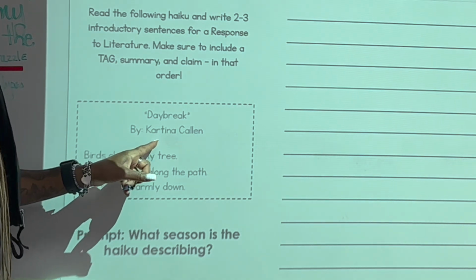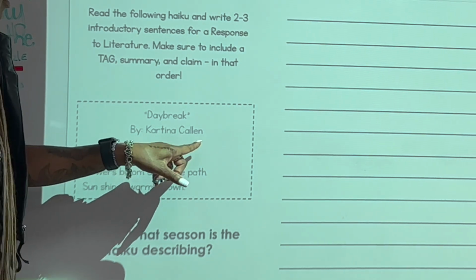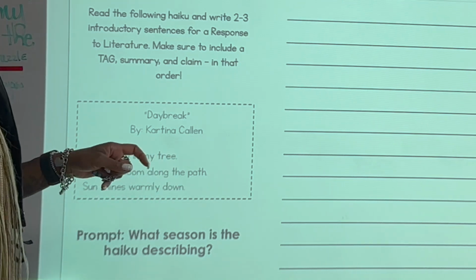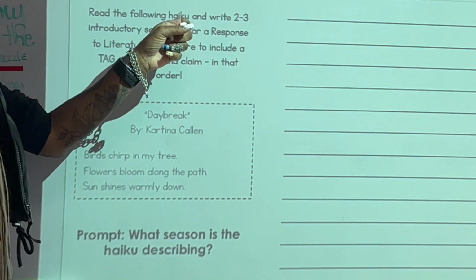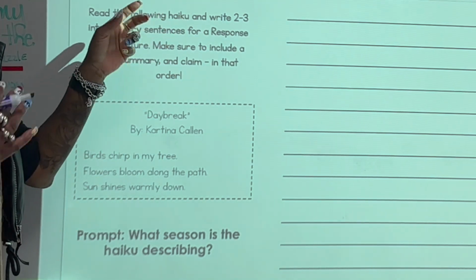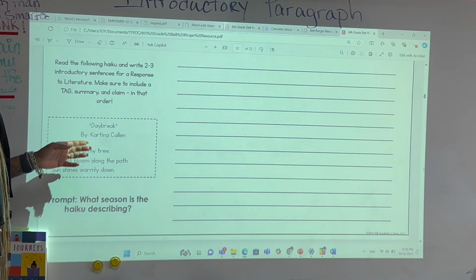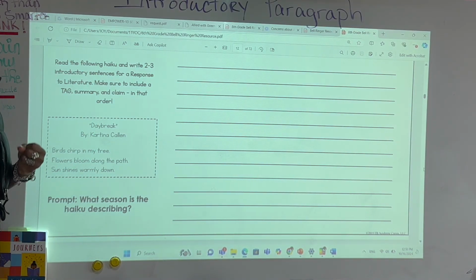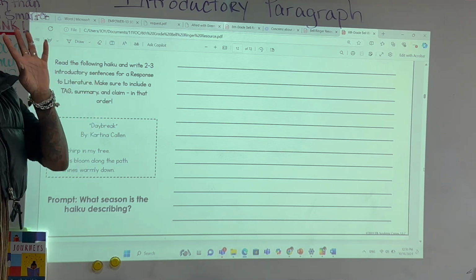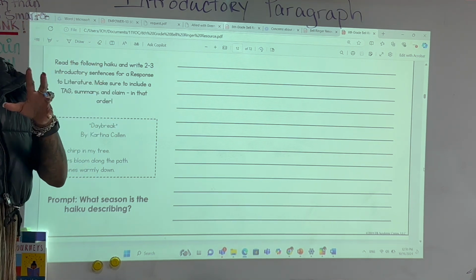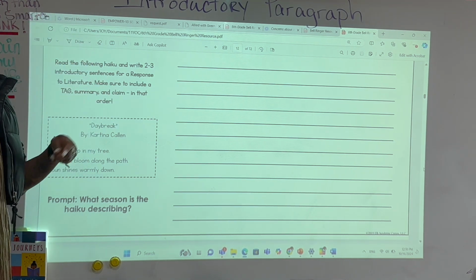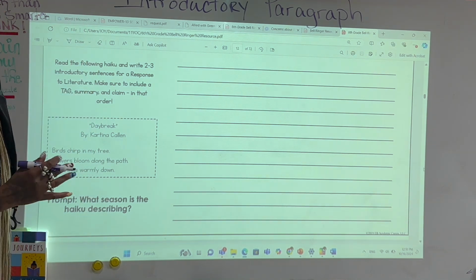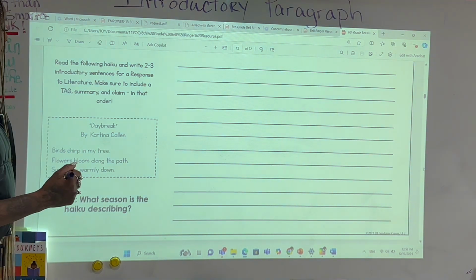The author is Cartina Callan, and the genre is a poem, but what kind of poem? A haiku poem. So I'm going to put that in 1 complete sentence. The title, author, genre does not need to be in order. You can put the genre first or whatever. It doesn't have to be in order, just as long as you have all 3.